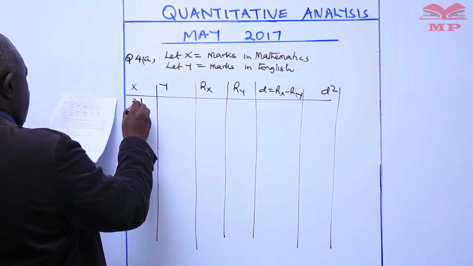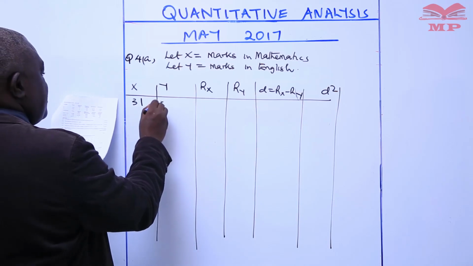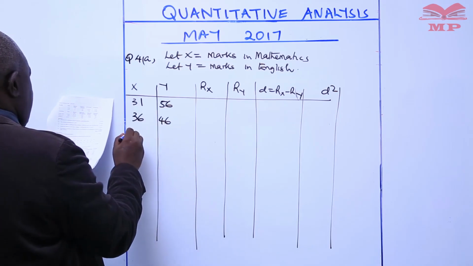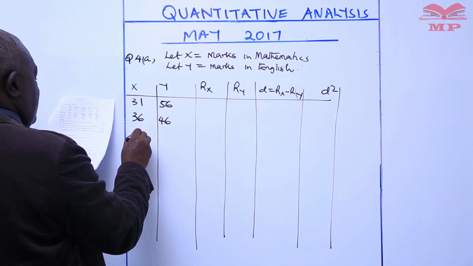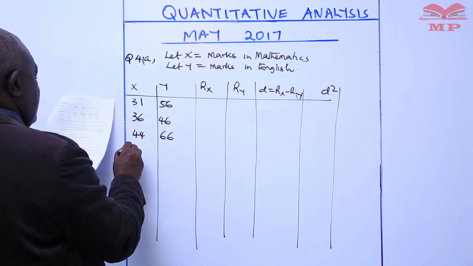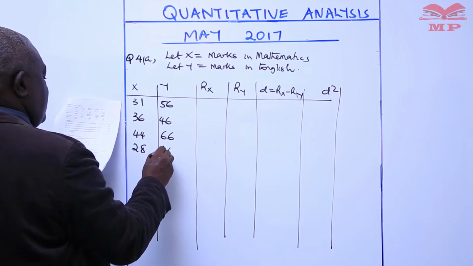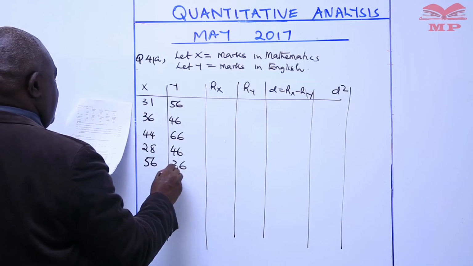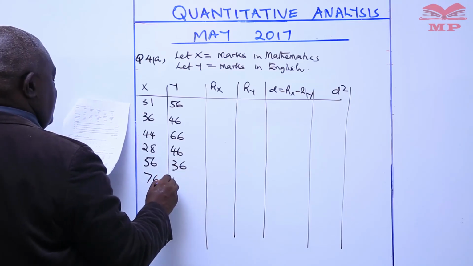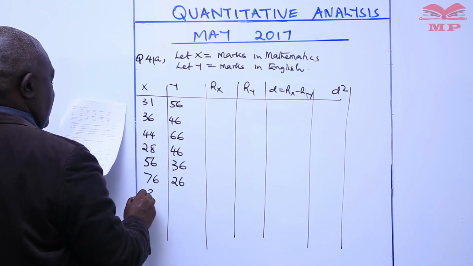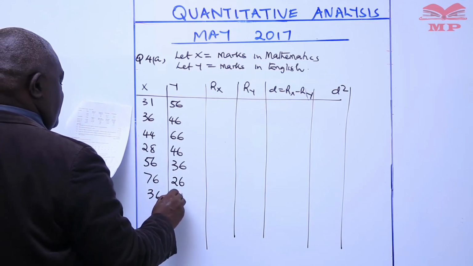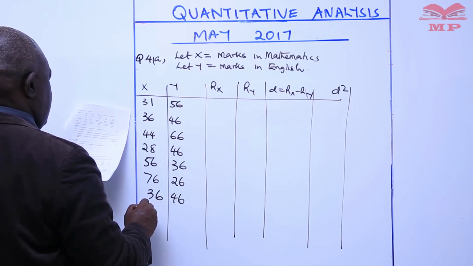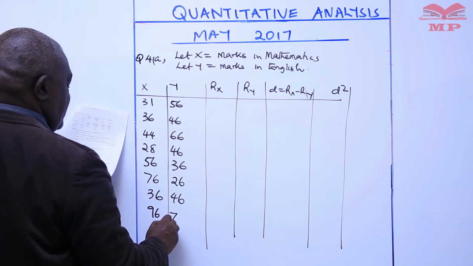31 for mathematics, 56 there, 36, 46, 44, 66, 28, 46, 56, 36, 76, 26, 36, 46, 96, 76.